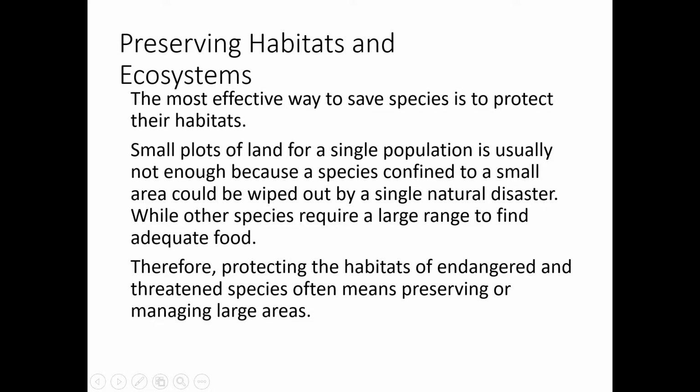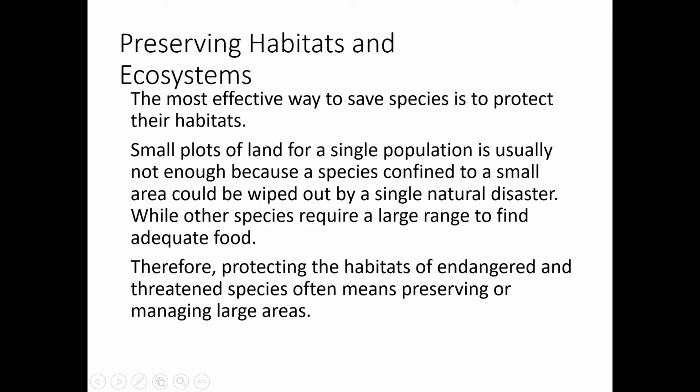And oftentimes just picking out a small plot of land may not be enough for a certain type of species, because certain species want to have a large area of land where they roam around and they hunt. So just setting aside a small plot of land may not do much to help that species survive.